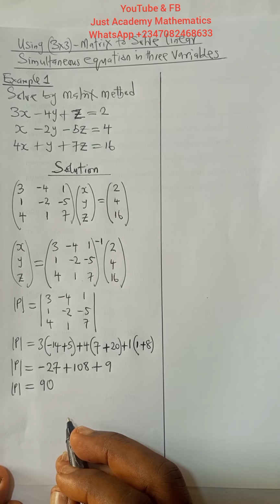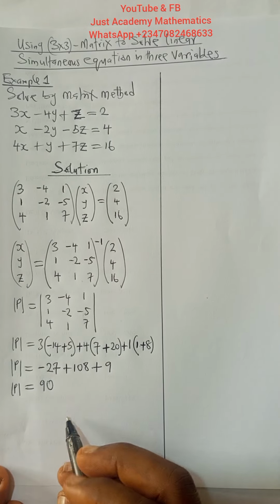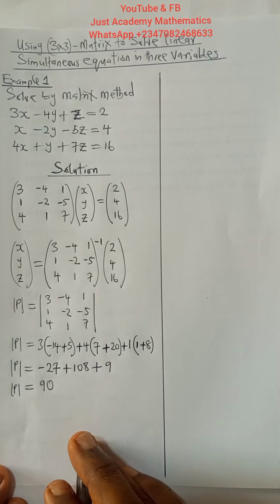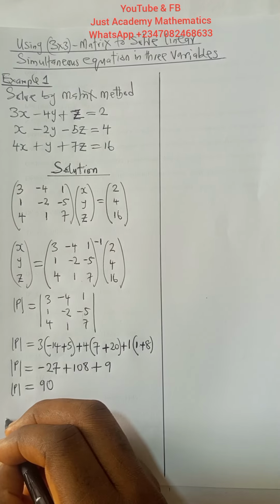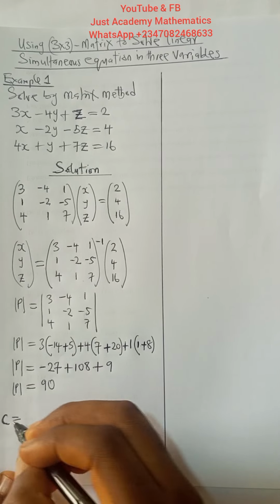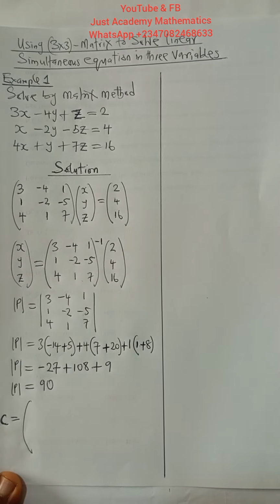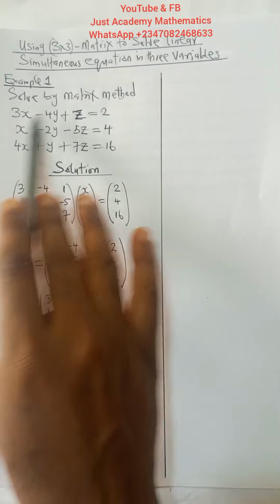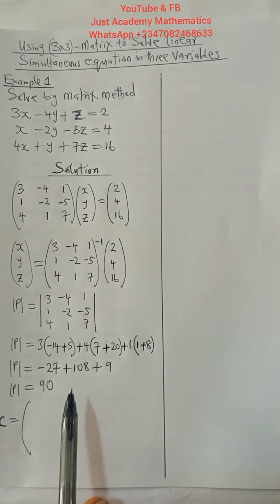So we're saying therefore that, but first we need to get the cofactor. Very important. Let's go for the cofactor. What will be the cofactor? Let's put the cofactor here. Now, I said I'm going to cut off a very important step because of space, so I'm not going to show the expression of the cofactor.